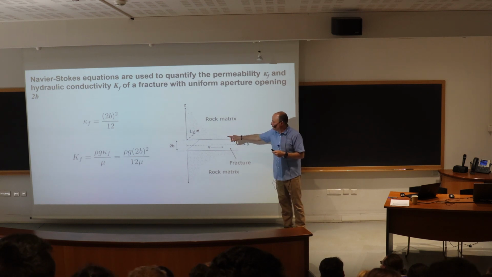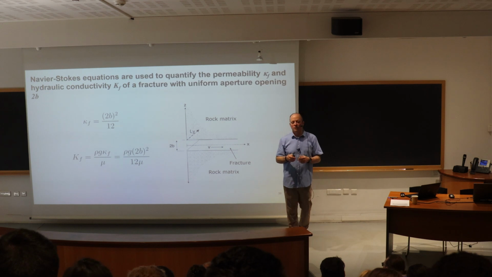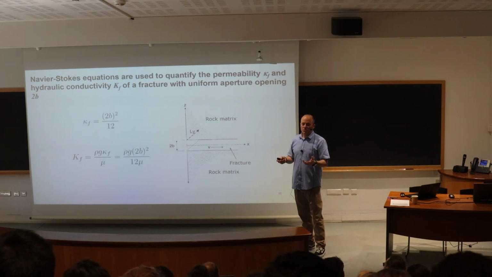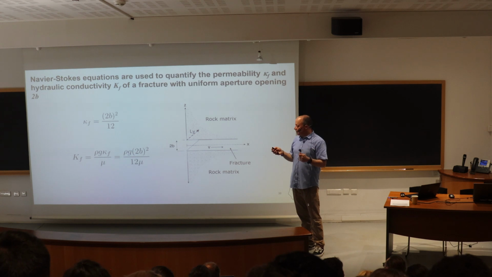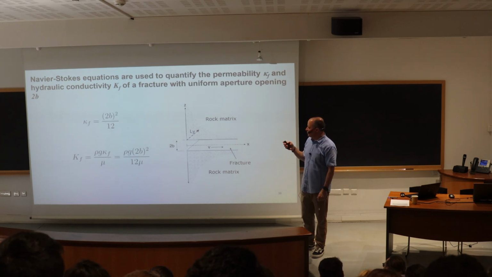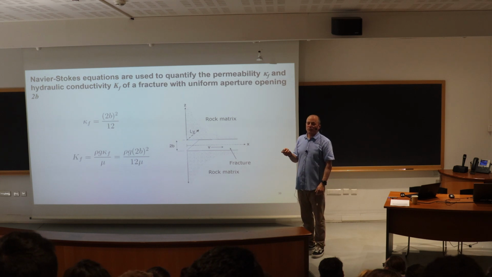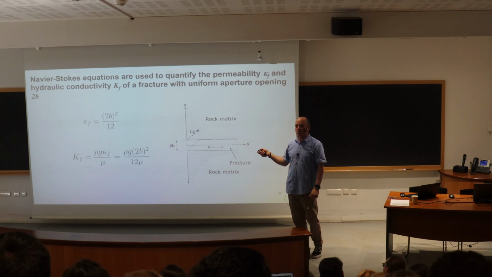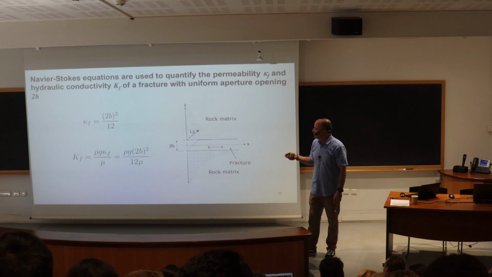It's an open space of uniform thickness 2b, or uniform aperture. And if you apply the Navier-Stokes equation to represent steady state flow in such a system, where you assume that the matrix is totally impermeable, you end up with a very simple relationship for the permeability of a fracture. It's simply the aperture 2b squared divided by 12.